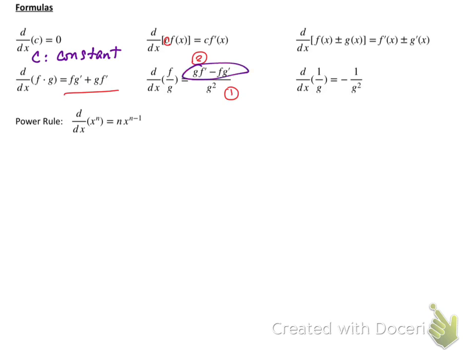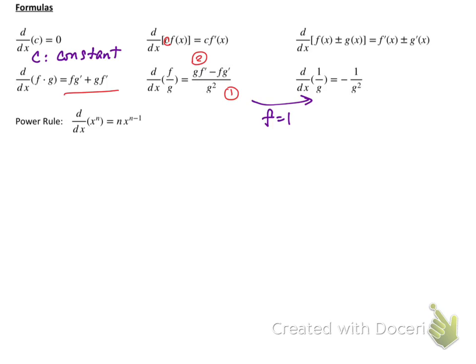In particular, when you take f as 1, you will get this reciprocal formula. So pretty much it is the same formula as the quotient, but the numerator f is 1, which is a constant function.